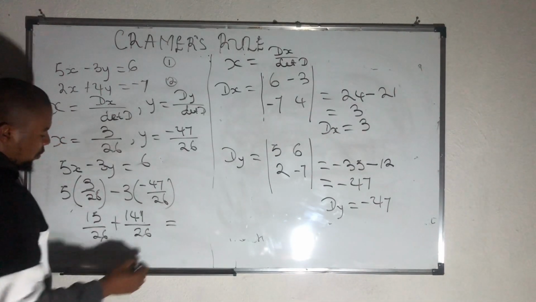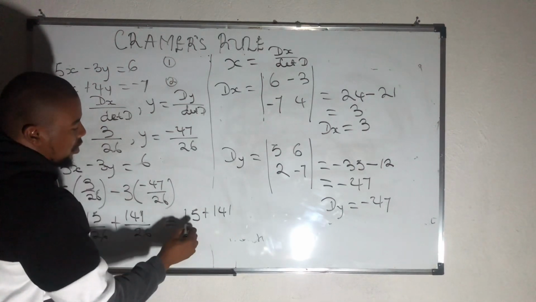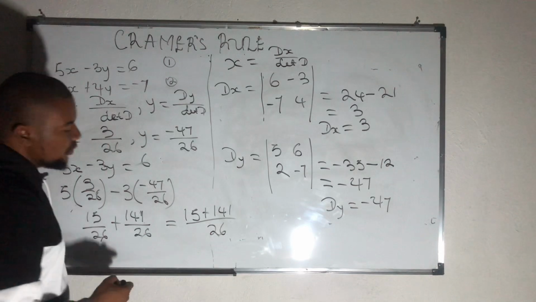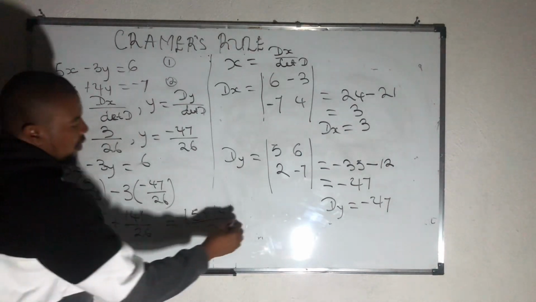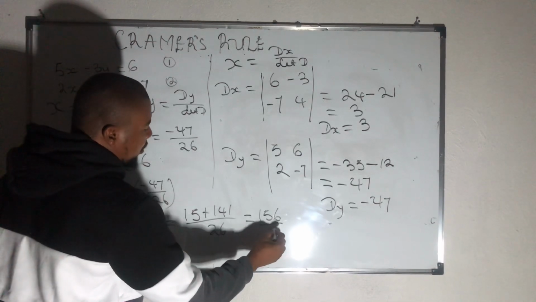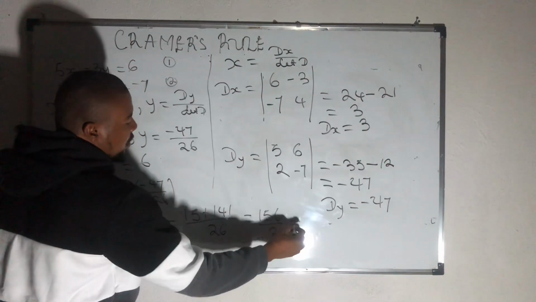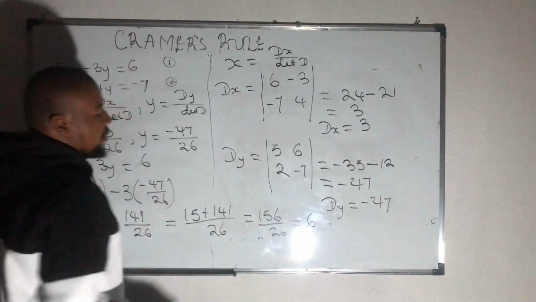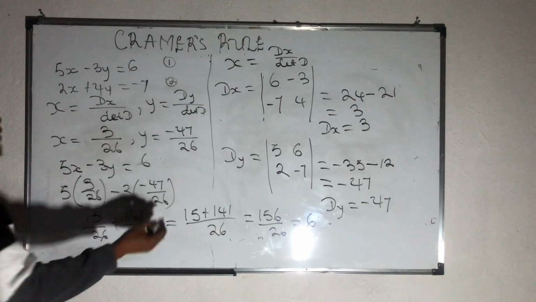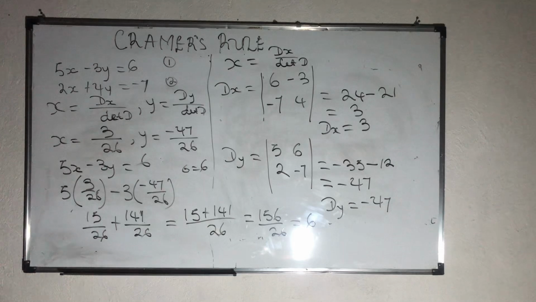This is equal to 15 plus 141 all over 26. 15 plus 141 is equal to 156 over 26. And 156 divided by 26 is equal to 6. Hence, for the left part, we're getting a 6. We can say that 6 is equal to 6. Hence, our solution is actually correct.